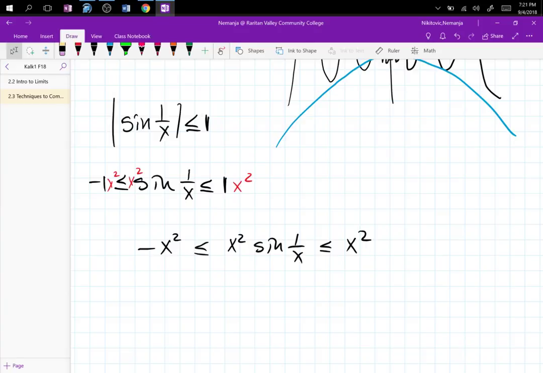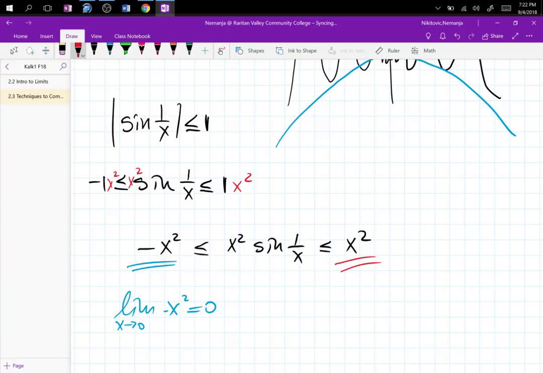Are these end functions easy to deal with for the limit? They are, right? So this side over here is your blue side, and the limit as x goes to 0 of -x squared is 0. This over here is your red side.